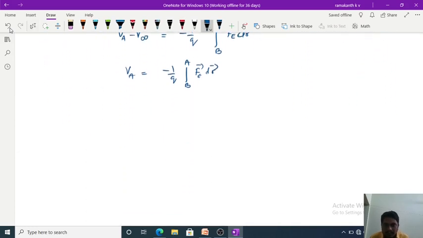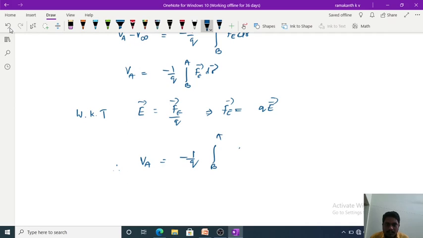So what is the relation between electric field and electric force? We know that electric field E bar is equal to F bar by Q. That implies FE is equal to Q into E bar. Therefore VA can be written as minus 1 by Q integral of Q E bar dot dr bar. Q got cancelled.